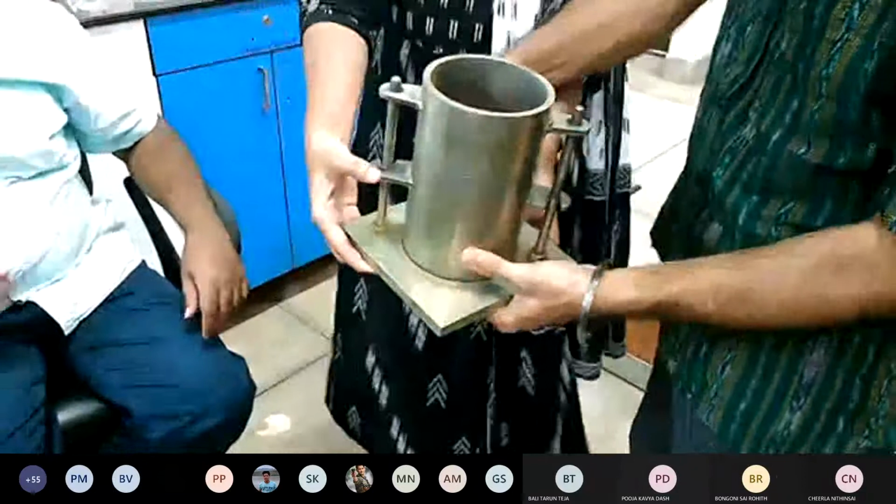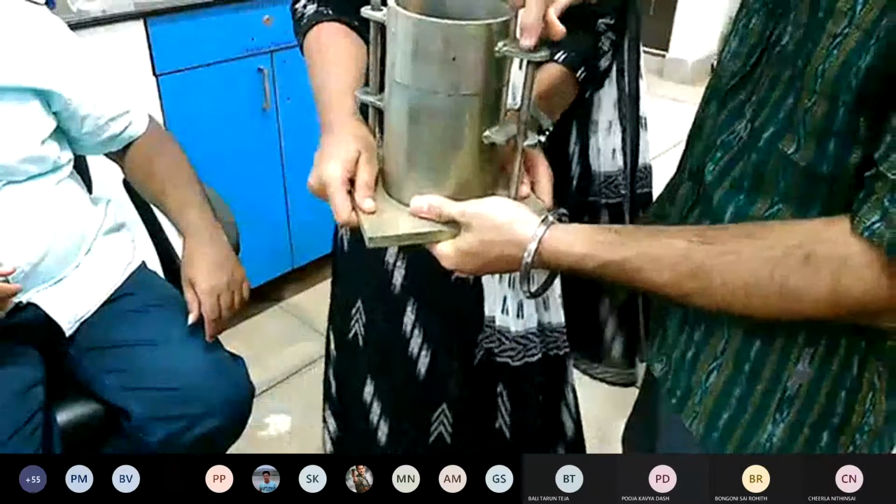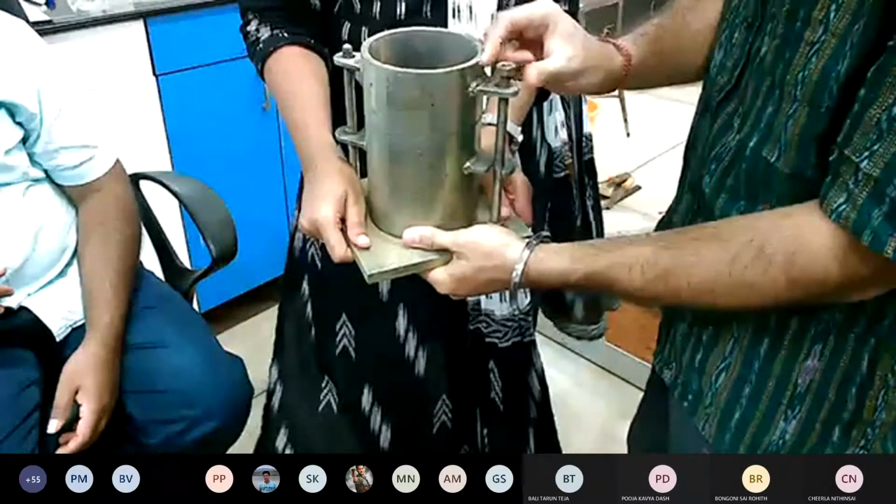So this is how it has to stay, and then we will tighten it using a washer and a bolt.